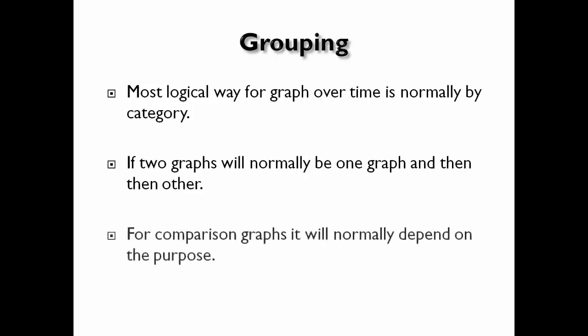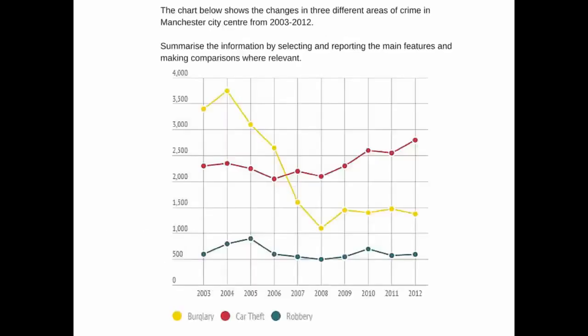For comparison graphs, it will normally depend on the purpose. You'll have to think about the purpose. What are they doing? So for this one, we have three categories: burglary, car theft, and robbery. And robbery is a little bit different because it doesn't do much.